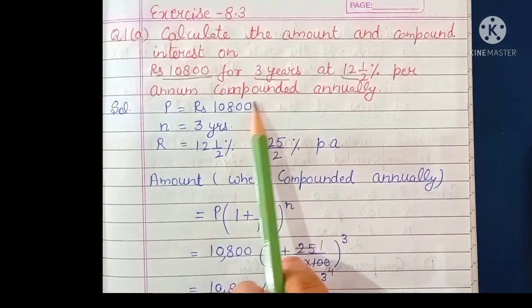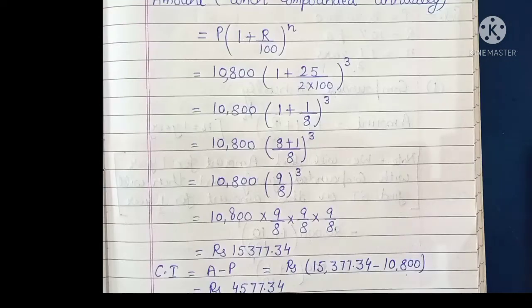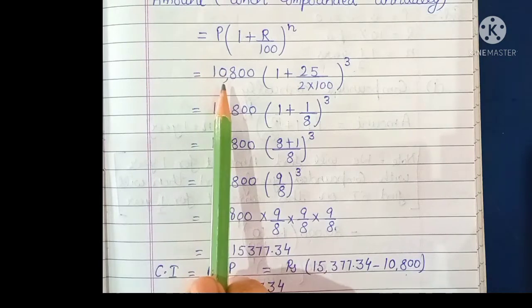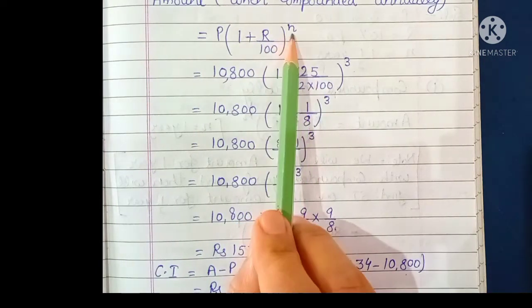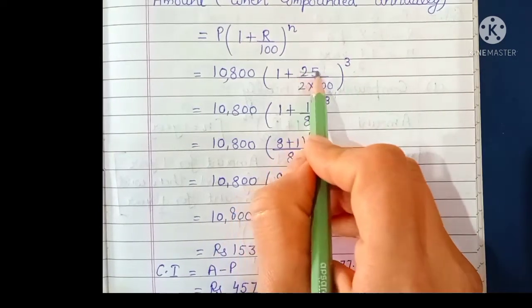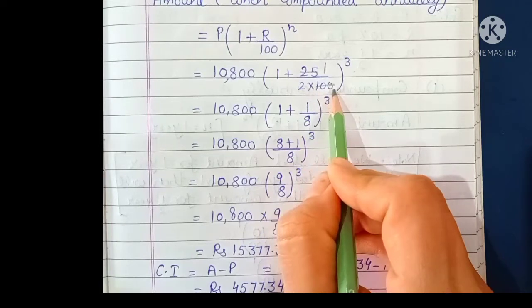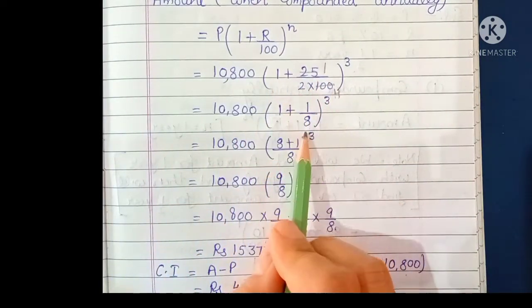Now we will put all these three values in this formula. So I substituted the value of principal, rate of interest, which is 25/2, and n was 3. Now here we can observe 25 ones are 25, 25 twos are 50, so it becomes 1 plus 1 upon 8.